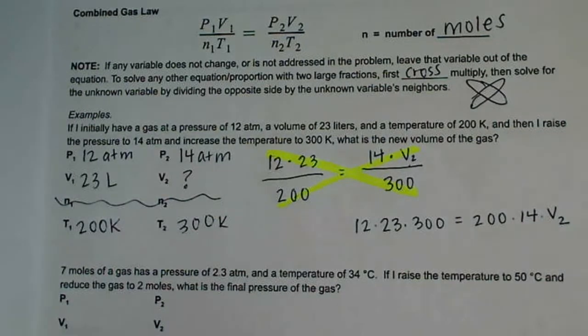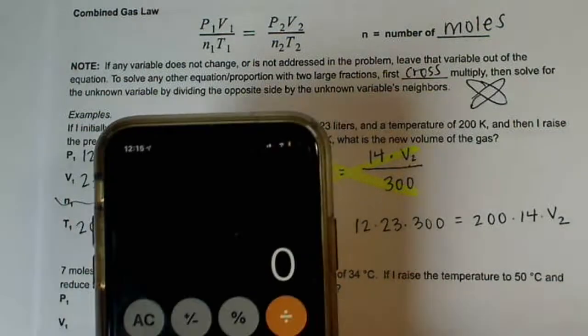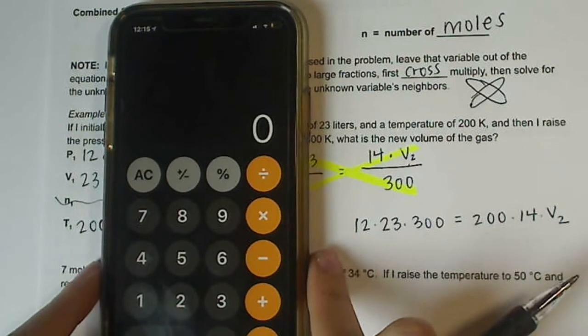I know a lot of you might not have a calculator at home, so I'm sure most of you will be using your phone calculator for this. So in the spirit of all of this, I'm going to be using my iPhone as well.